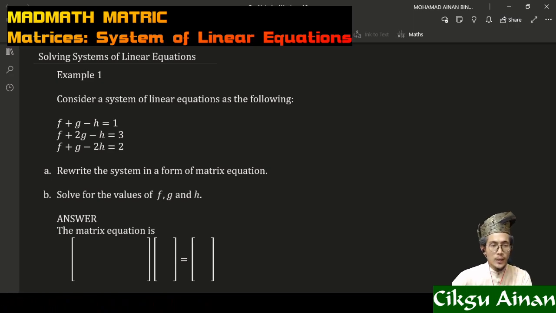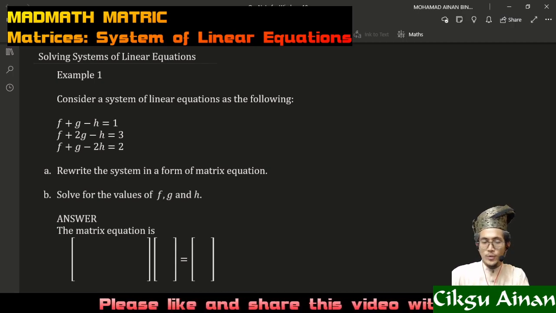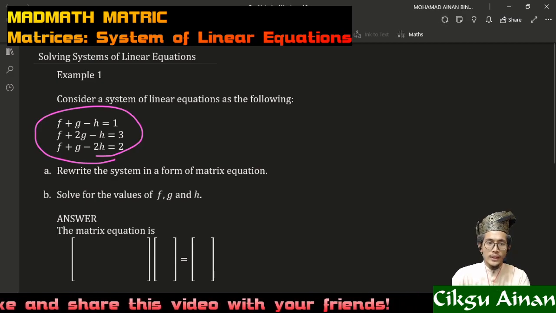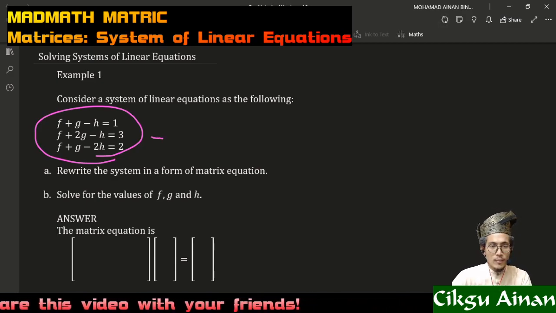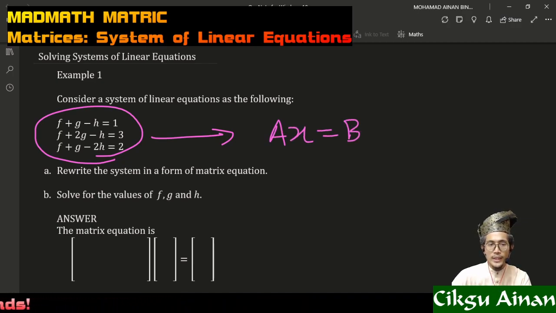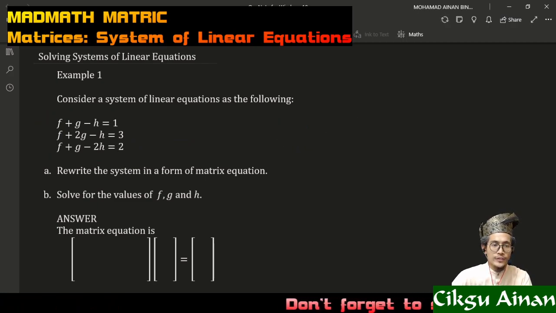Now the first sub question asks us to rewrite the system in the form of a matrix equation, AX equals B. Afterwards we are going to solve them in the second part.